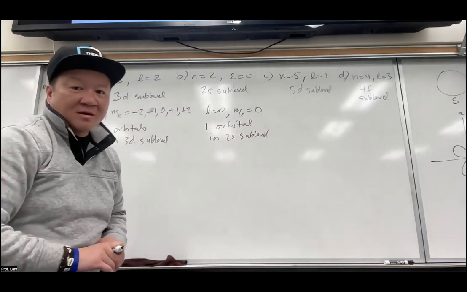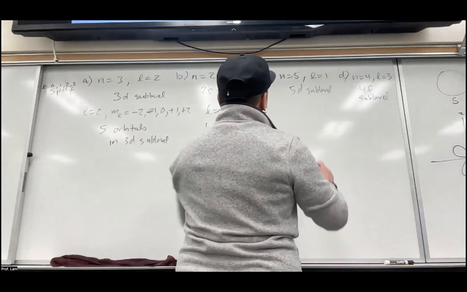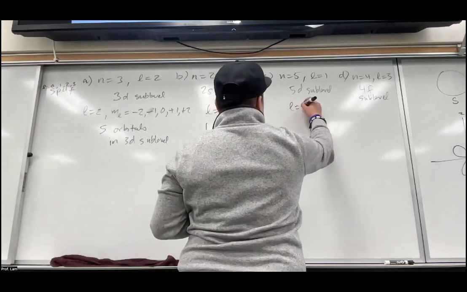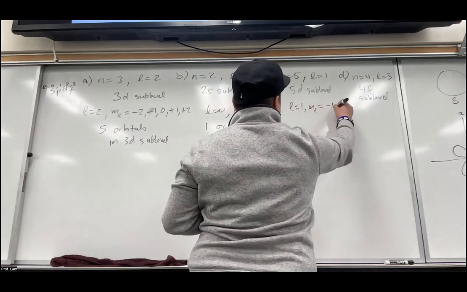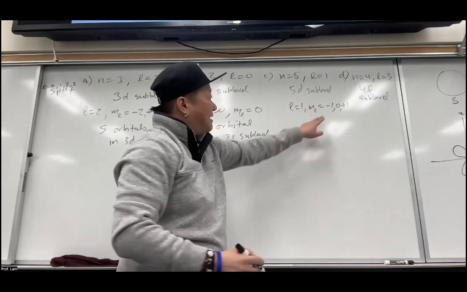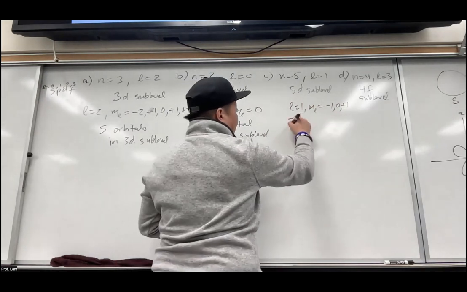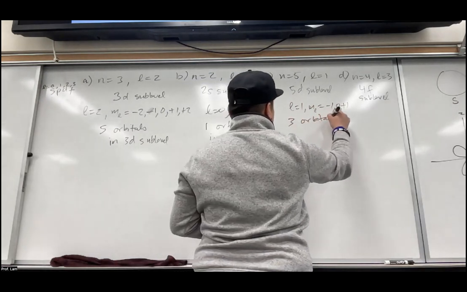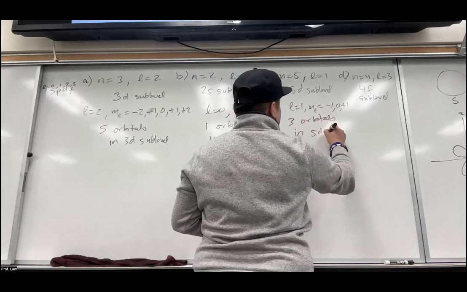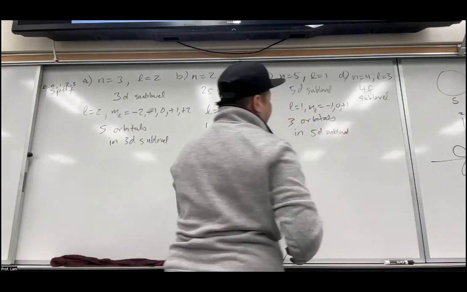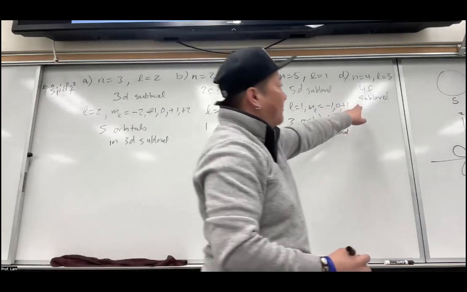Then here, when L is equal to 1, ML can be -1, 0, +1. That's 3 values, so 3 orbitals in the 5P sublevel. All right, the last one.